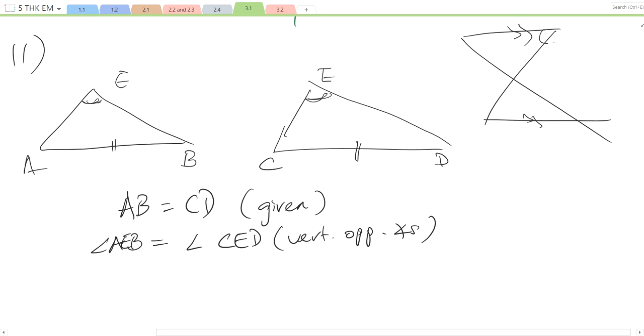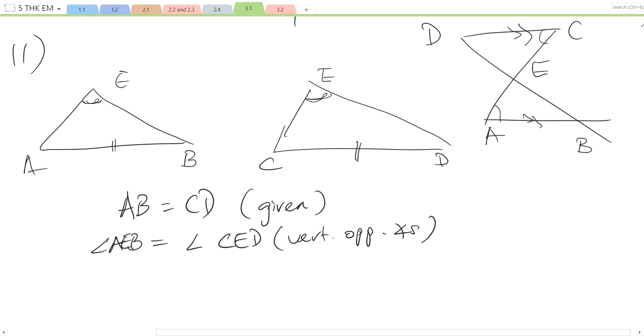DCE over here equals to? If they are parallel, then DCE will be the same as EAB. Let us draw in these angles in our own diagram.